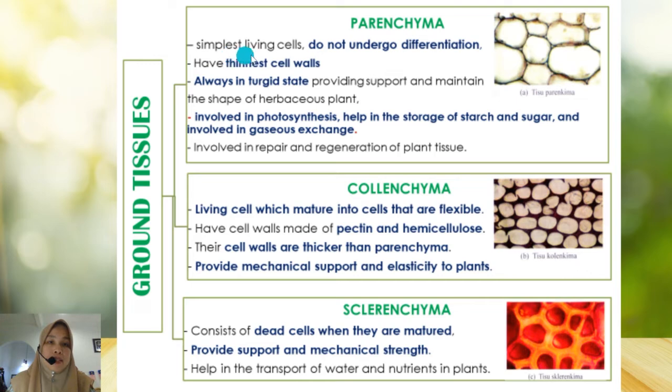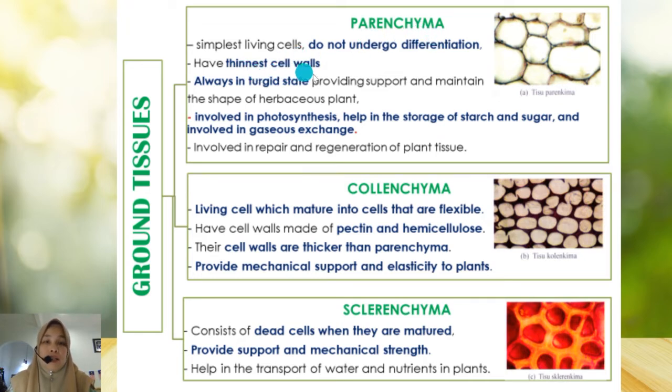They are the simplest living cells, so the parenchyma do not undergo differentiation. Do not undergo differentiation means that the parenchyma tissue does not become specialized, and also does not carry out a specific function. That is the parenchyma tissue.